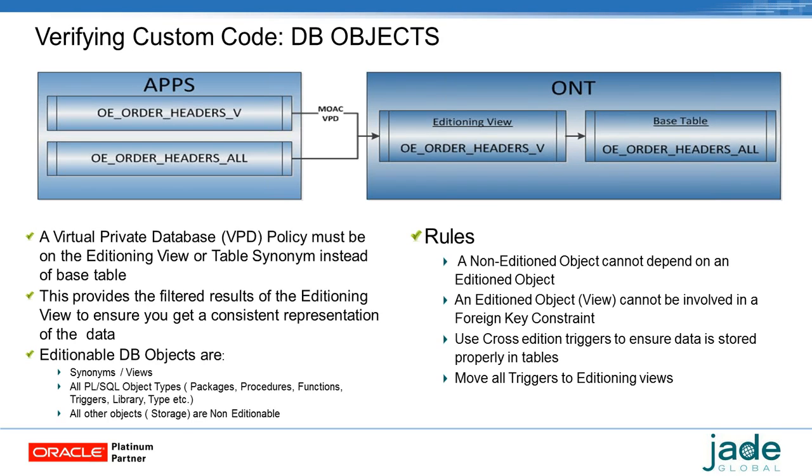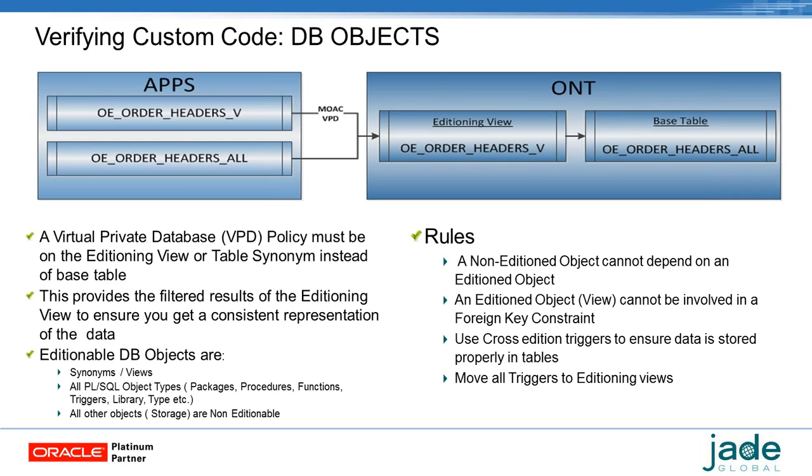Use cross-edition triggers to ensure data is stored properly in the tables. Cross-edition triggers are meant to populate data forward and backward between the two different editions, the run edition and the patch edition. In case you are defining something in your new edition where the data should be populated in a different way in certain columns of a new table, you create reverse cross-edition triggers, which take the data from the running edition and put it into the new definition of the patch edition.